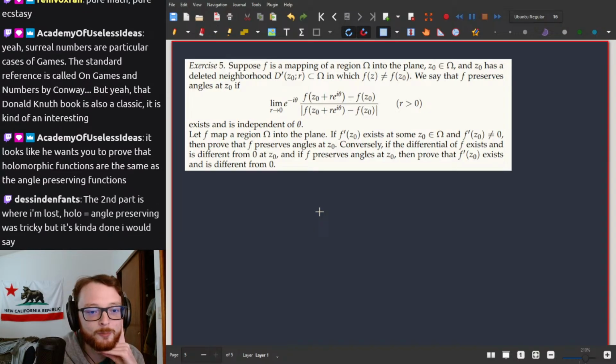Let f map a region omega into the plane. If f prime of z naught exists at some z naught in omega, and f prime of z naught is not 0, prove f preserves angles at z naught.